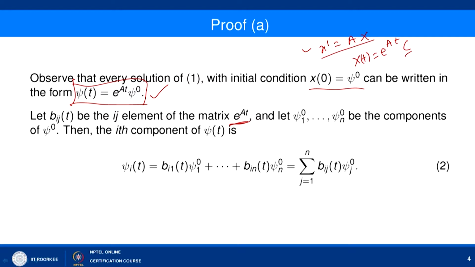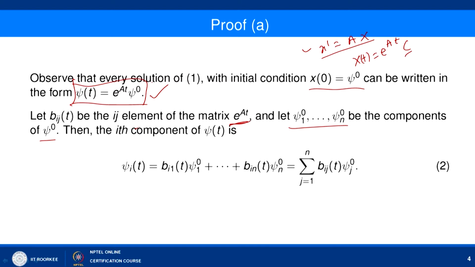Not only this, the columns x1 to xn are in fact linearly independent solutions of x' = Ax. Now, let us say psi_1(0) to psi_n(0) be the components of psi(0). We want to look at psi(t) equal to e^{At} psi(0) in terms of components.